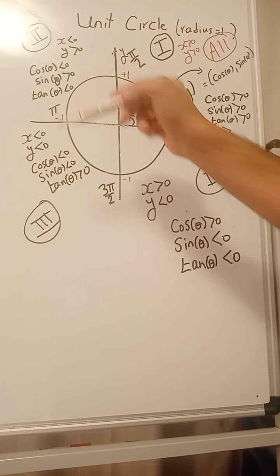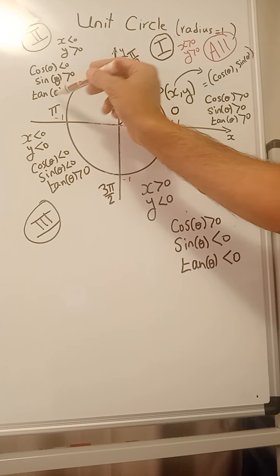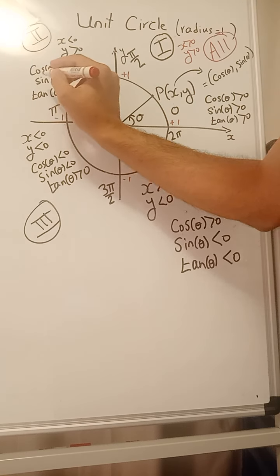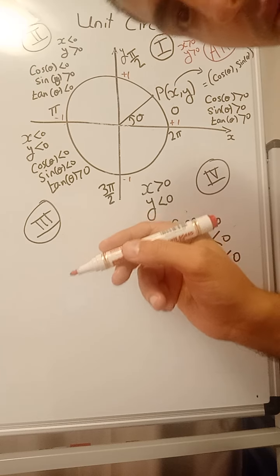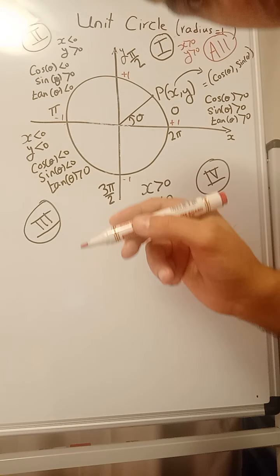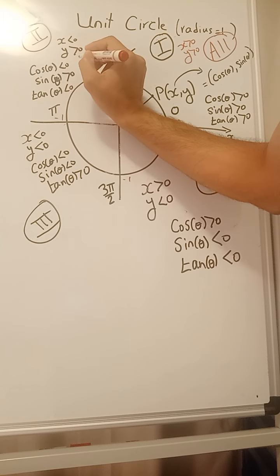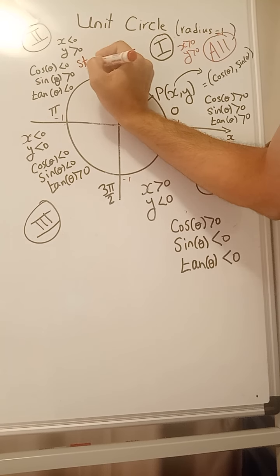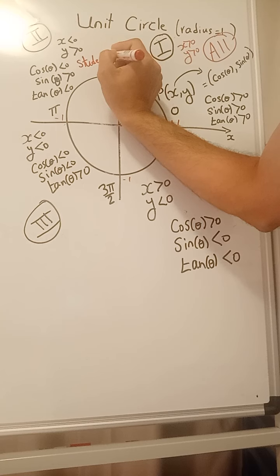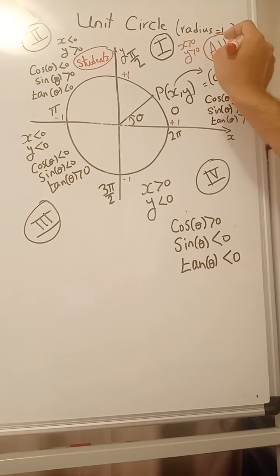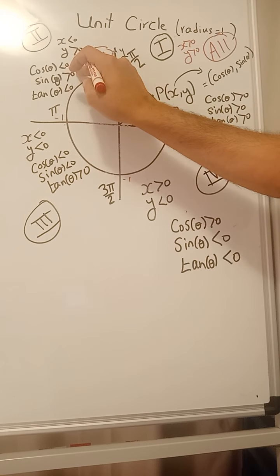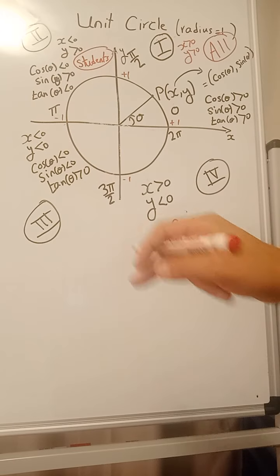So only sine. Sine starts with S. I'm gonna write the word students here. So I have all means all are positive, students means only sine S is positive.